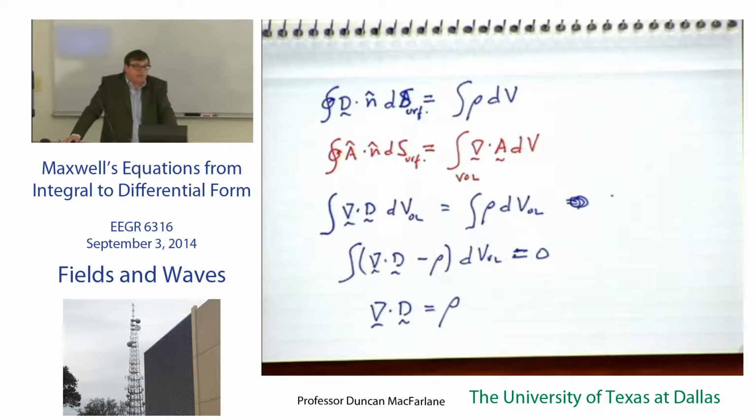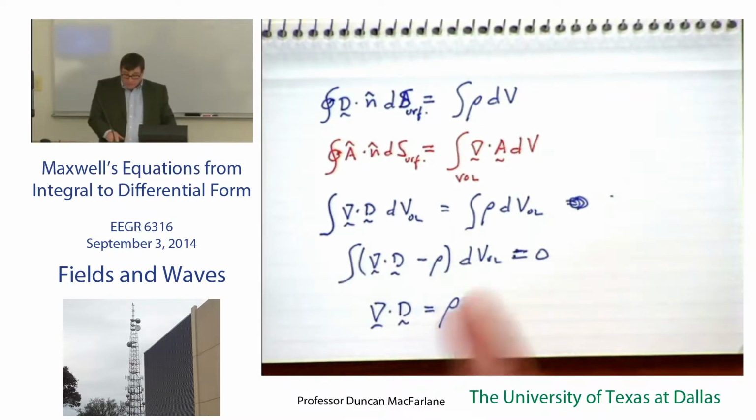The good news is we've gotten away from an integral equation, and we now have a differential equation. And we are much, much more experienced at working with differential equations than we are at integral equations. That's the reason why we really like differential equations, and why we're going to manipulate differential equations practically from here on out.